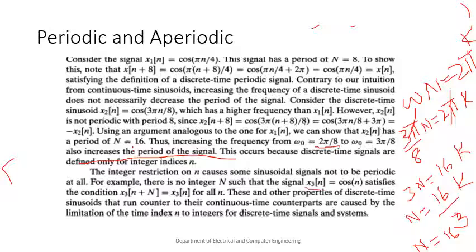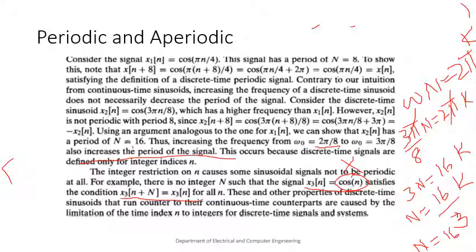Likewise, there is another signal, x3 of n is equal to cos of n. Now we see that there is no pi in the frequency. We can only put n equal to 0, 1, 2, 3, 4, 5. So this signal will not be periodic at all. The integer restriction on n causes some sinusoids not to be periodic. For example, there is no integer value of N such that x3 of n equal to cos of n satisfies the periodicity condition, so this is not a periodic signal.